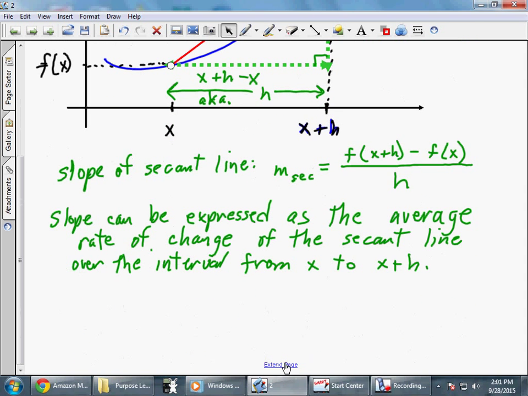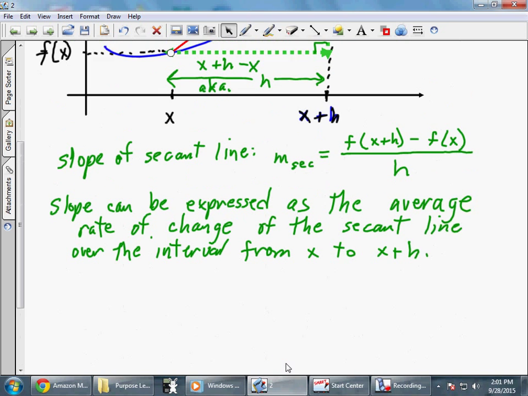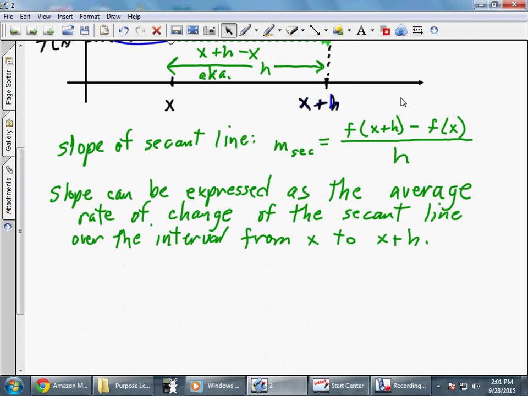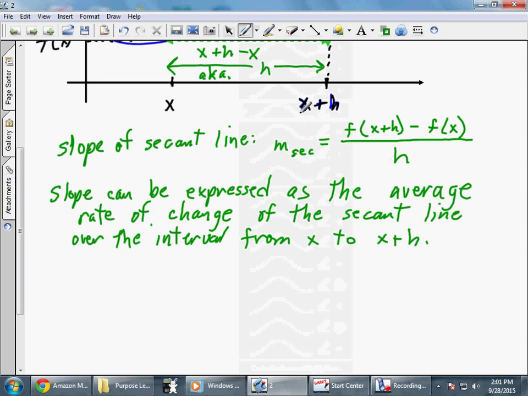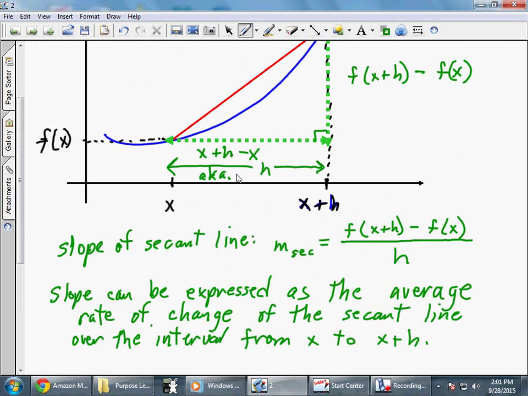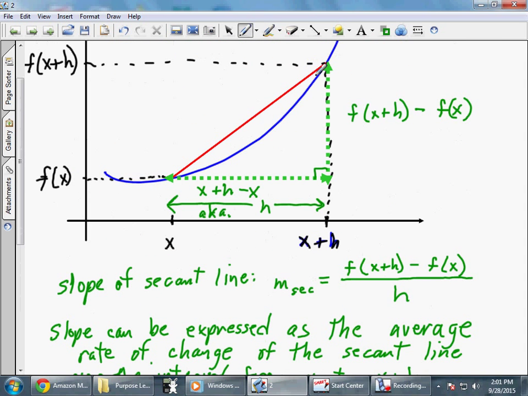So let's write that then. Let's write this as the slope of the tangent line. What would that look like with our notation? You all know how to say it. How do we let that h go to 0?